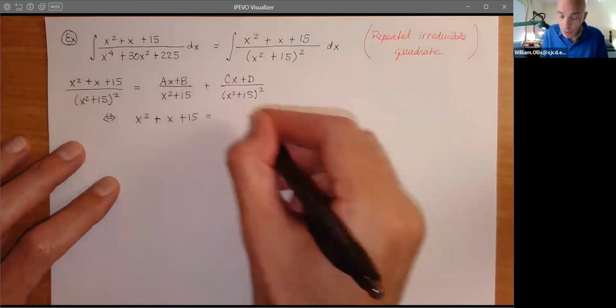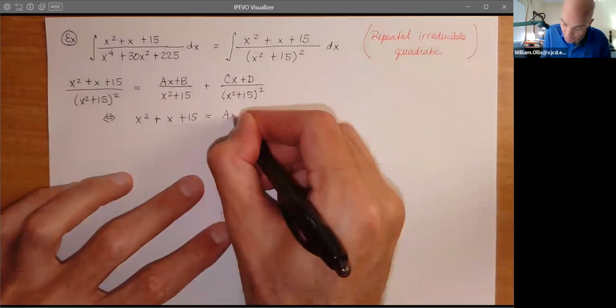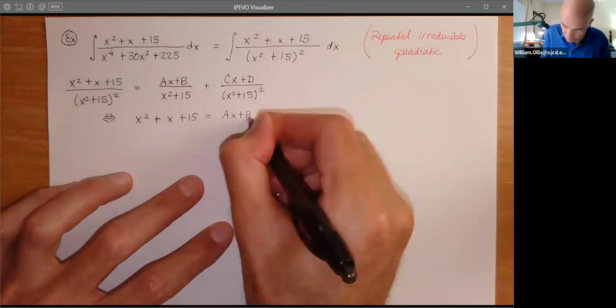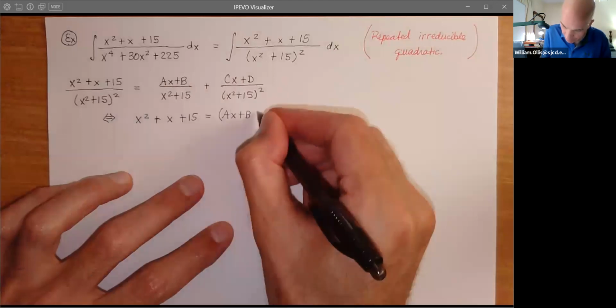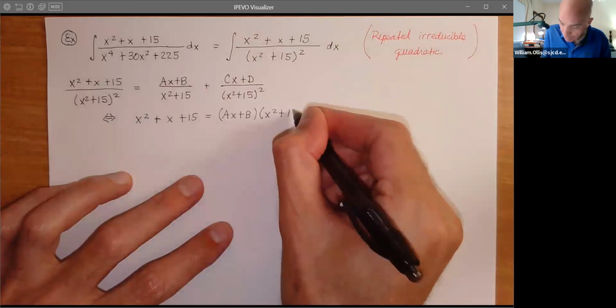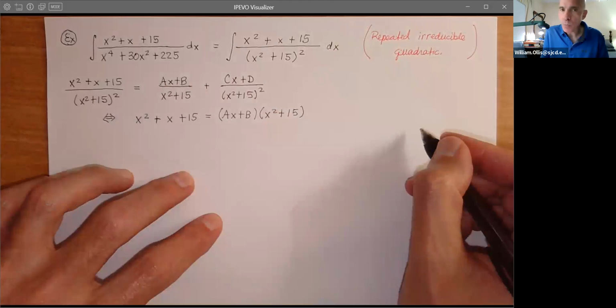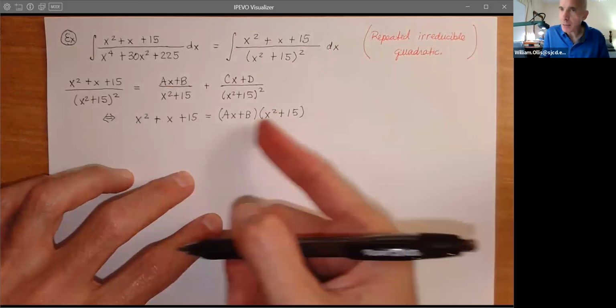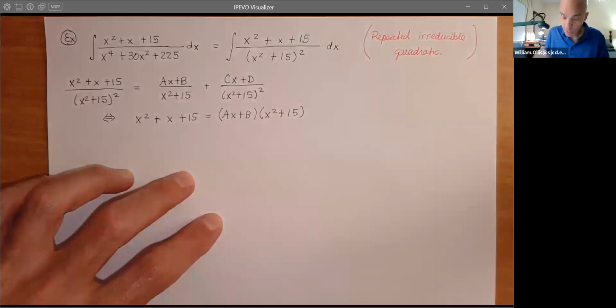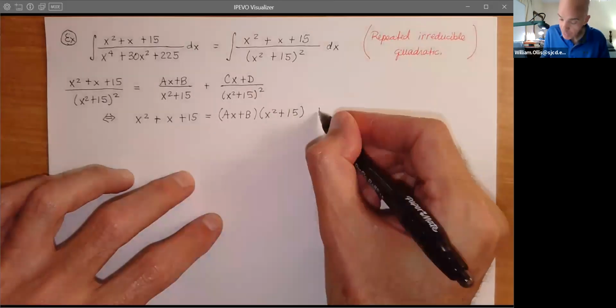And here, one of the factors will absorb, but we're left with one. So we have ax plus b times x squared plus 15. Okay, so again, not as simple as we would like, but something we can deal with. And then of course here, all the factors absorb, and we're just left with the cx plus d.